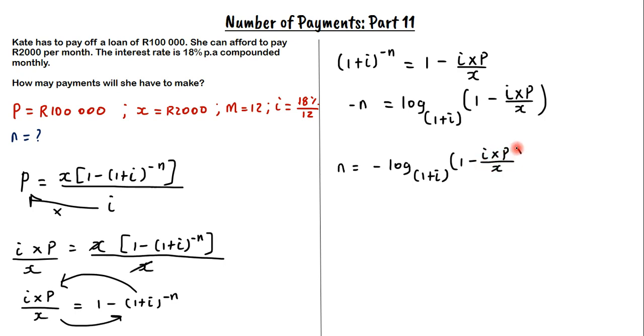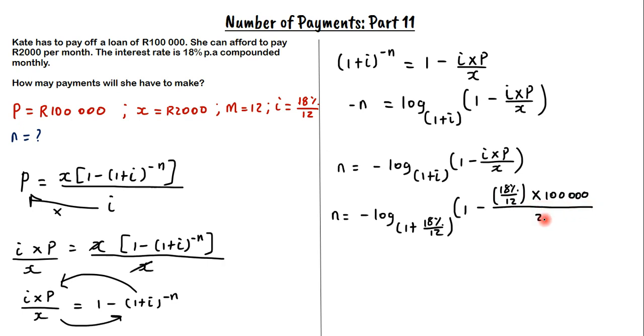Now I'm just going to substitute my values: minus log base (1 plus 18% over 12) of (1 minus 18% over 12 times 100,000 over 2,000 rands).